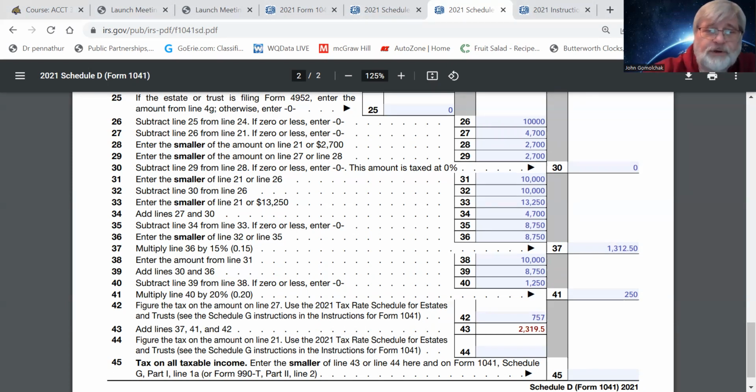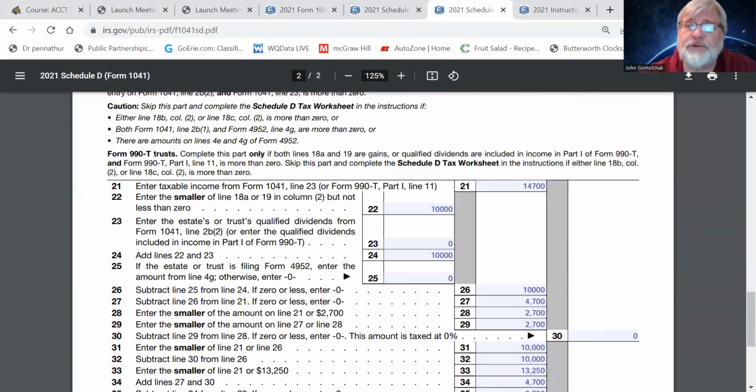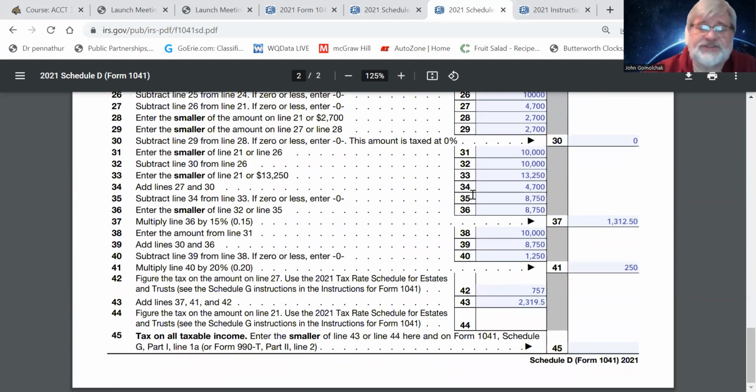Line 44. Figure the tax on line 21 using the tax rate schedule. Now, line 21 is the full amount of the income, all of the income that we had, less the exclusion of $300. So now they're telling us to go back and calculate the tax on that number, 14,700. All right, so let's go do that.